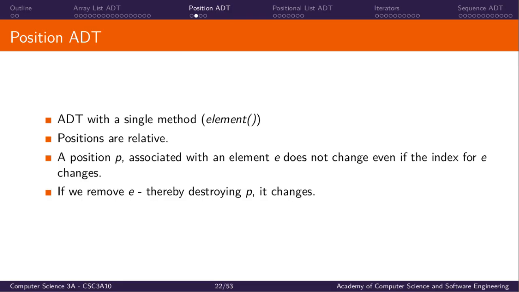Even though by definition of an index, if an element is removed before that one, then the number of elements stored in the list before this has changed, so the index has changed. But if we use positions rather than indices to refer to a place, then the position itself does not change. The only way it would change is if we actually remove the element that it stores from the list, thereby destroying that position. Otherwise, it does not change regardless of what's going on around it, or even if its particular element is changed.